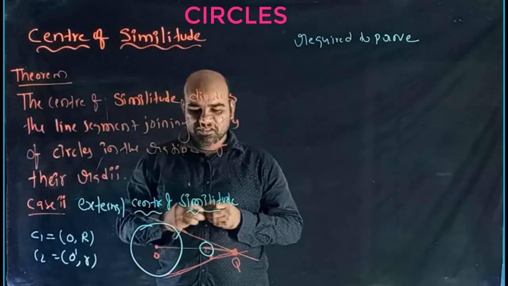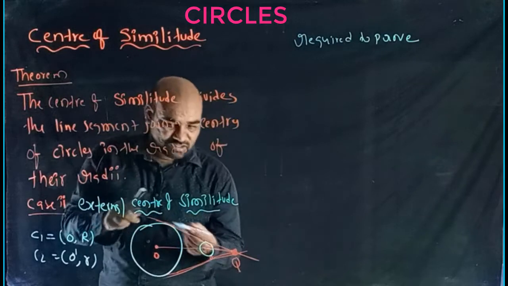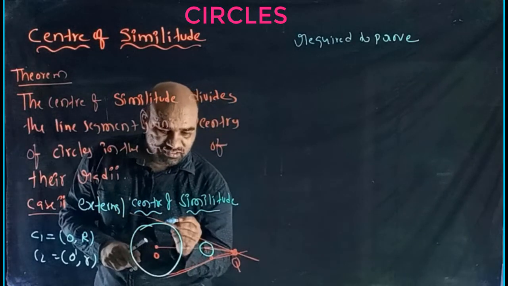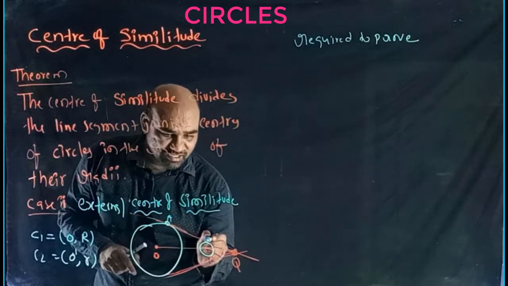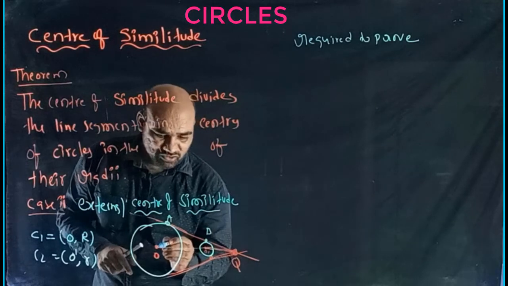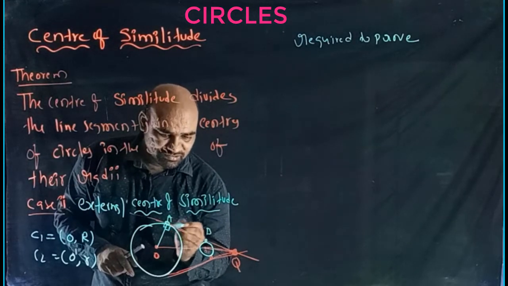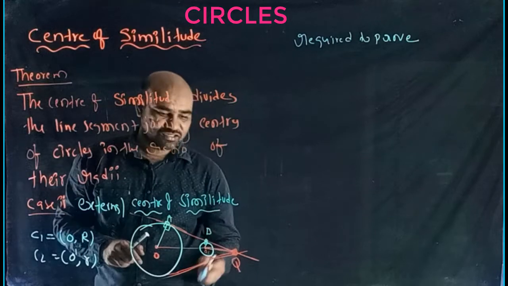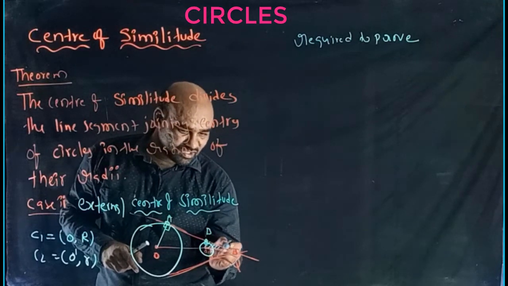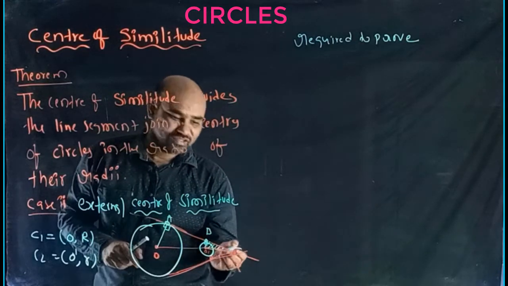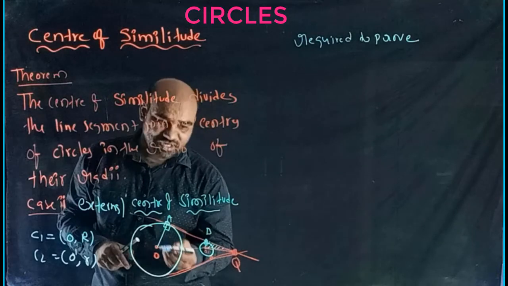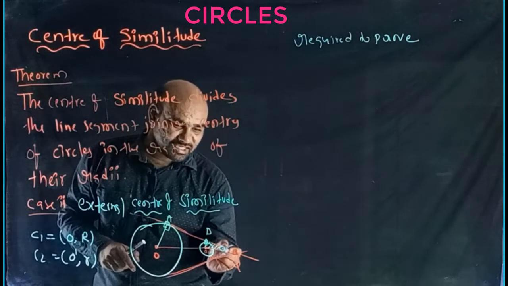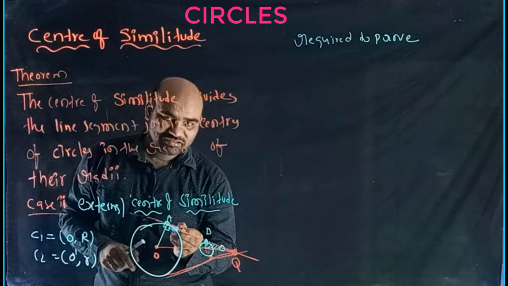With the same argument, this is the tangent for both the circles. Points of tangency: this is A, this is B. Join these, 90 degrees. Join this, 90 degrees. Now the smaller right triangle is similar to the bigger right triangle. For both the triangles, this angle is common, and 90, 90.